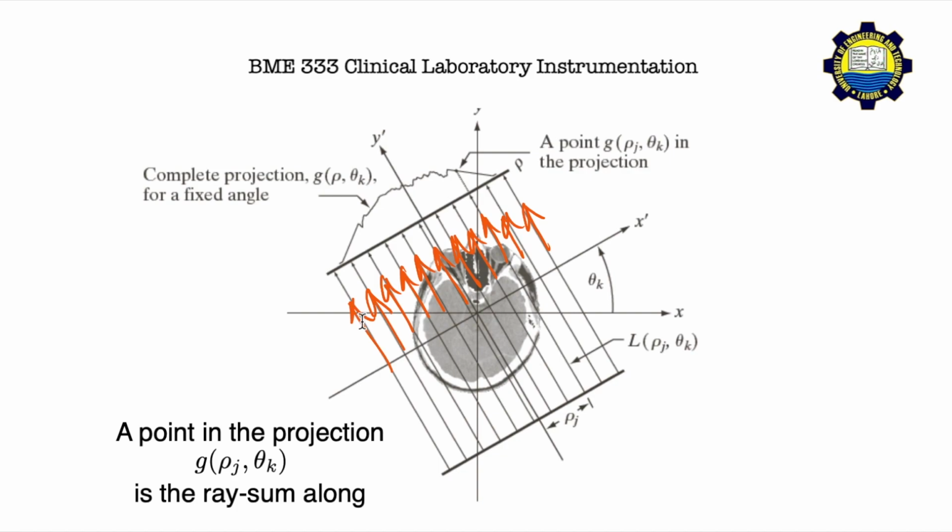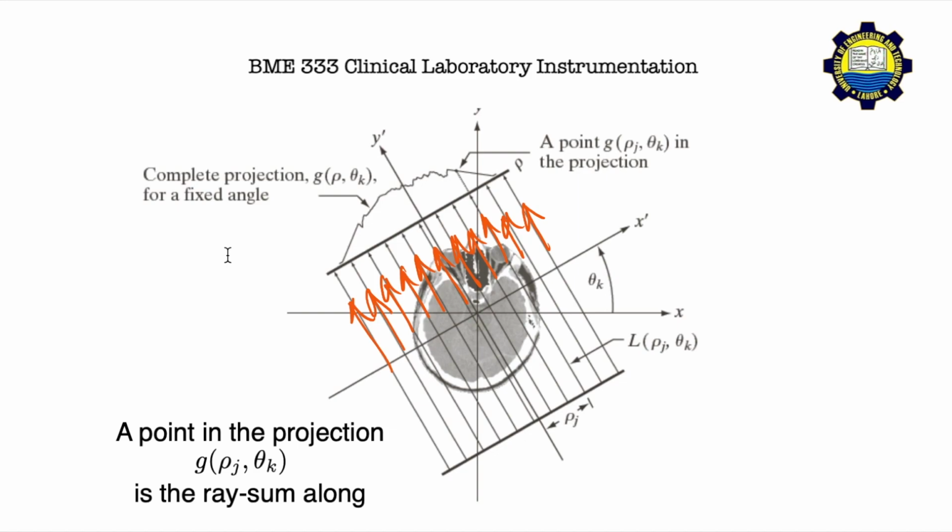So these are individual smaller projections that contribute to one projection or one profile at a particular angle theta. For this particular theta k, this is the projection that we get of this specimen.